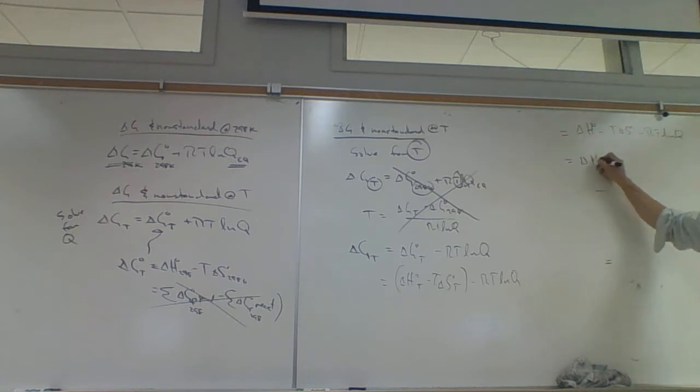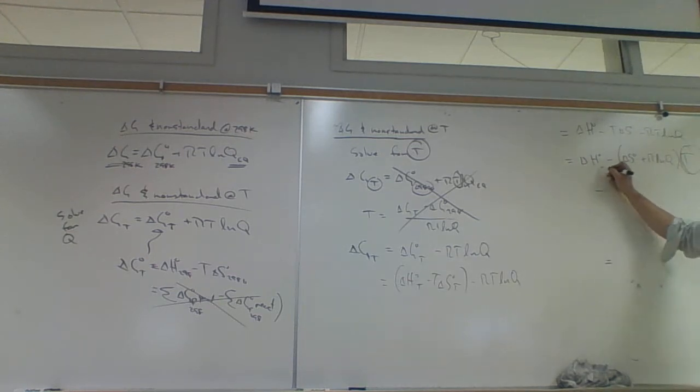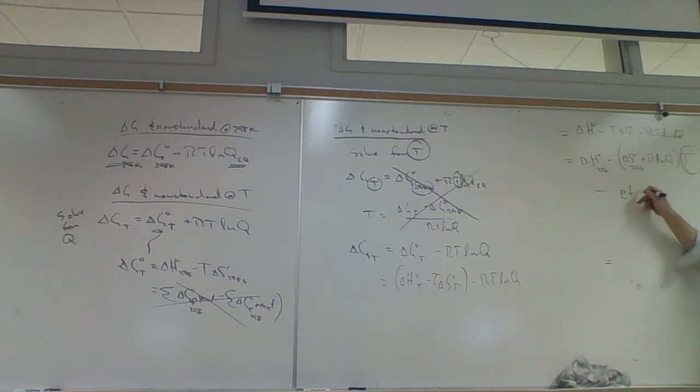So we're going to get delta H naught minus delta S naught plus R ln Q, times T. Now we can solve for T. Because what we can do is we can assume that delta H is at 298 and delta S is at 298, and so we're okay. And so we'll just say et cetera.